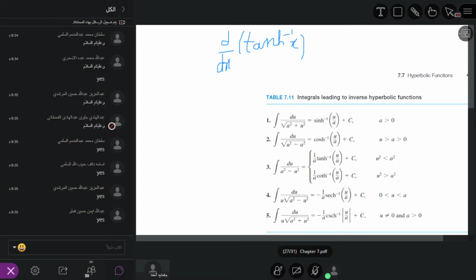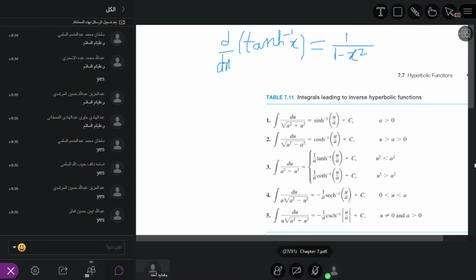Derivative of tan hyperbolic inverse x is equal to 1 divided by 1 minus x square. And I asked you in the previous class that x square is less than 1.